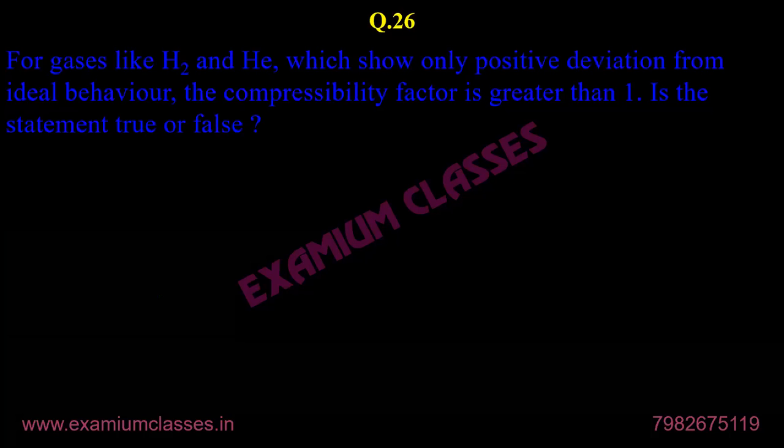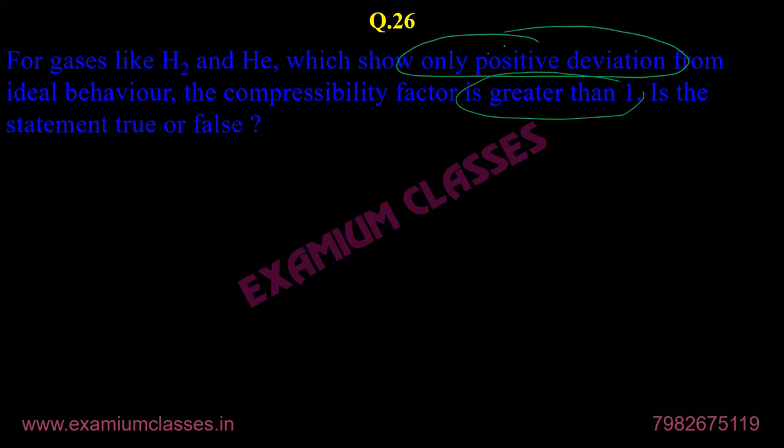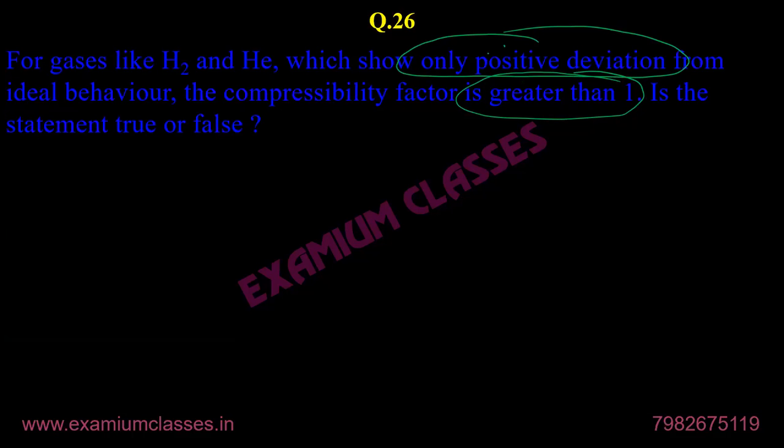For gases H2 and helium, which show only positive deviation from ideal behavior, the compressibility factor is greater than 1. Correct, Mehak. Because they show only positive deviation, the compressibility factor will be greater than 1. Shashwat, correct.